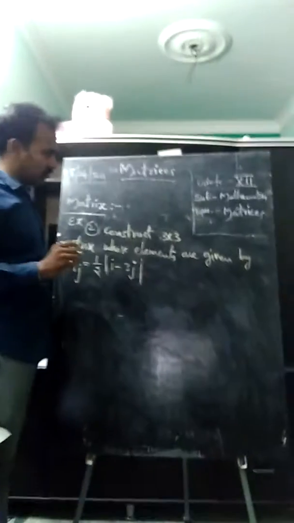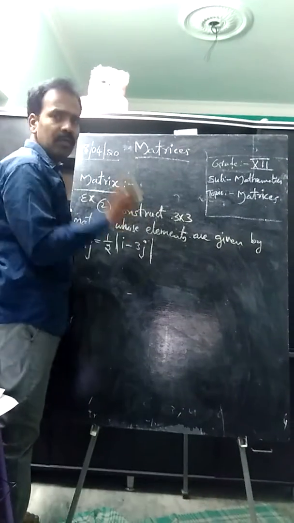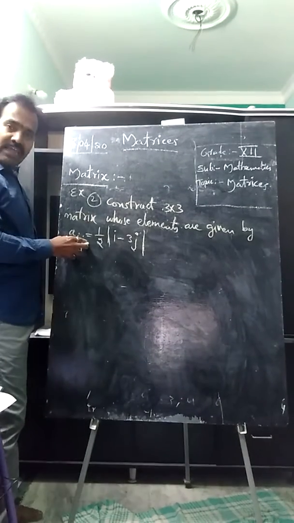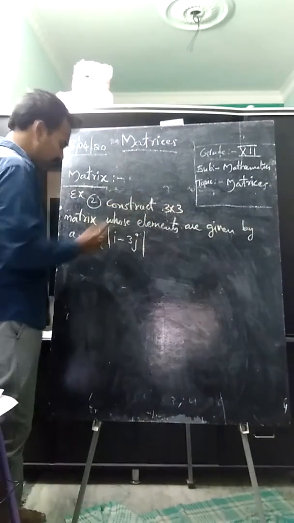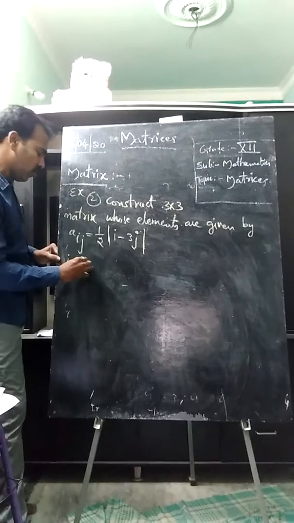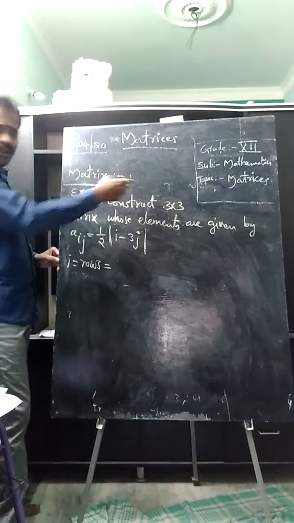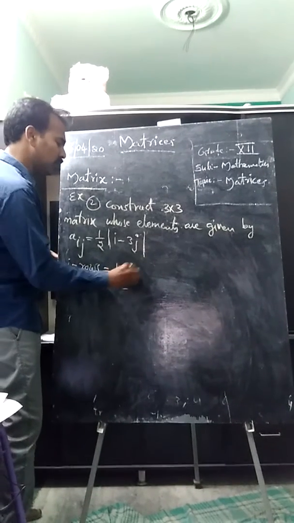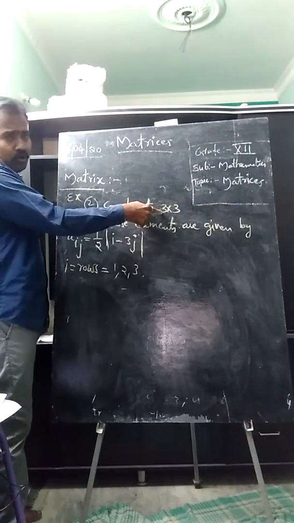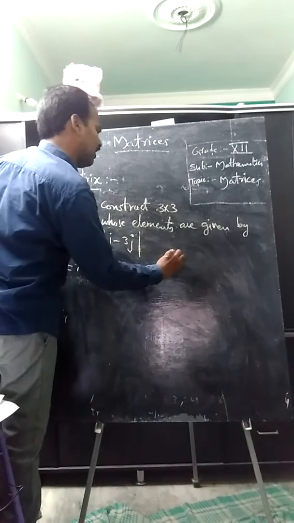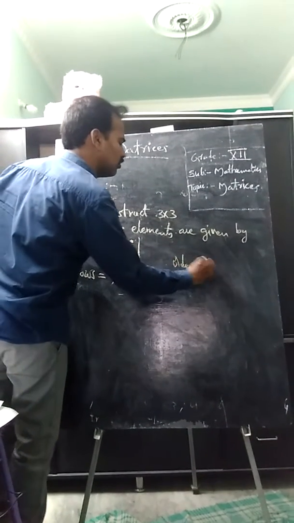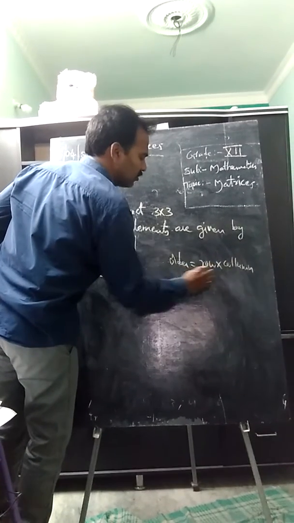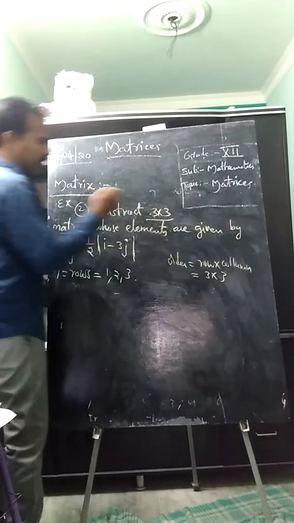Now just now we discussed 3 by 3 matrix will be a square matrix. We can represent each element in the form of Aij. i stands for rows. How many rows are there? 3 rows. Means we can take i value as 1, 2, 3, because we can write order as rows by columns, 3 by 3 here as per given problem.